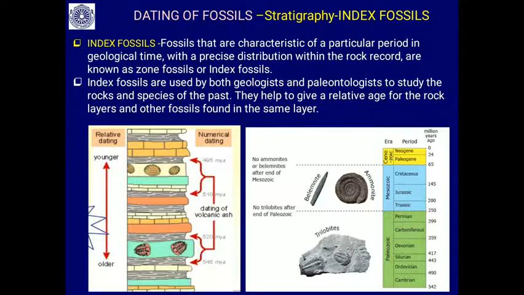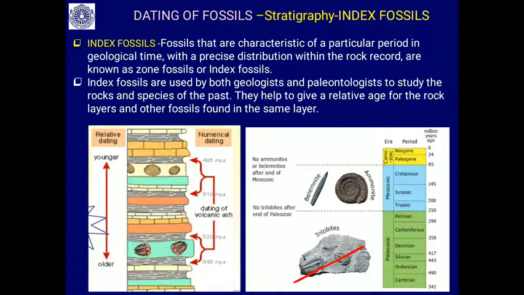So what about index fossils? Index fossils are fossils characteristic of a particular period in geological time, with a precise distribution within the rock record, known as zone fossils or index fossils. For example, these are trilobites, a diverse group that consisted of about 4,000 species.